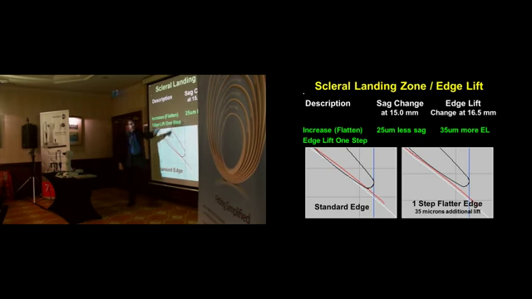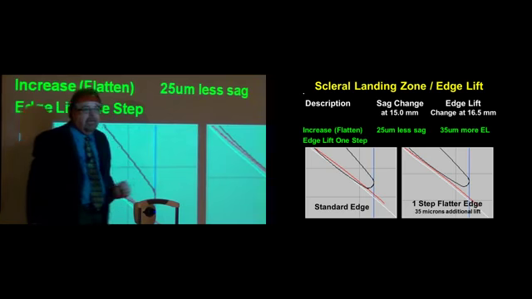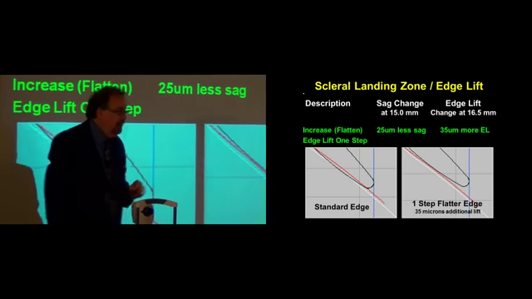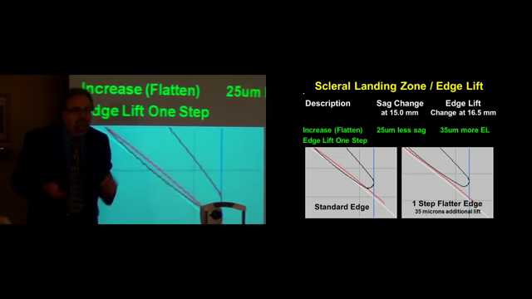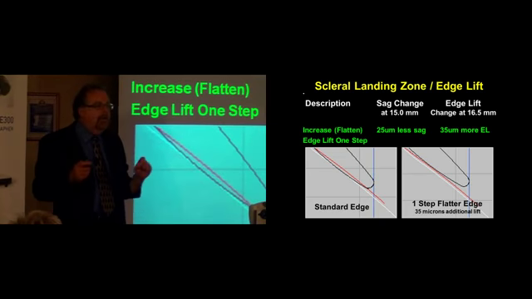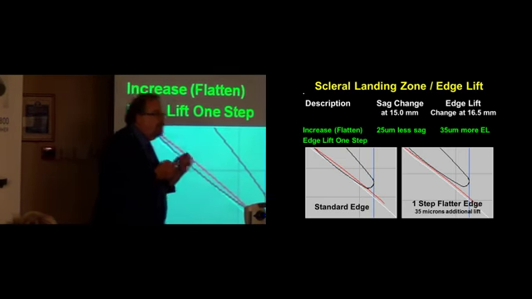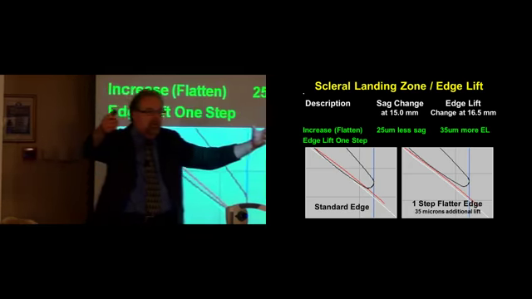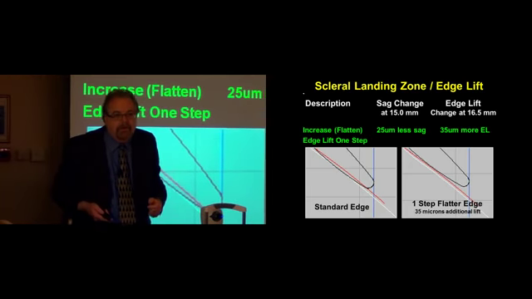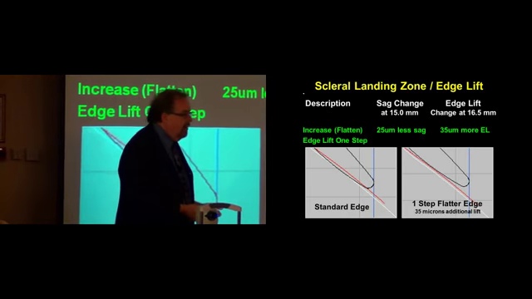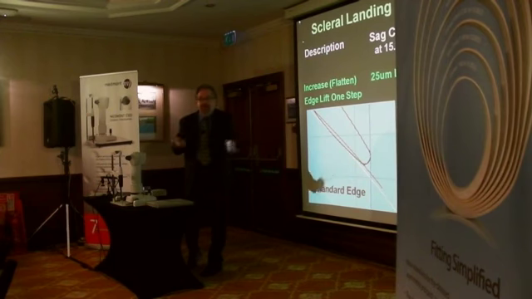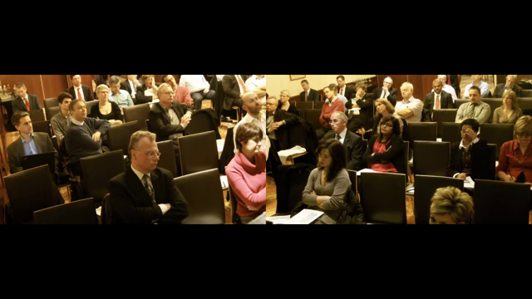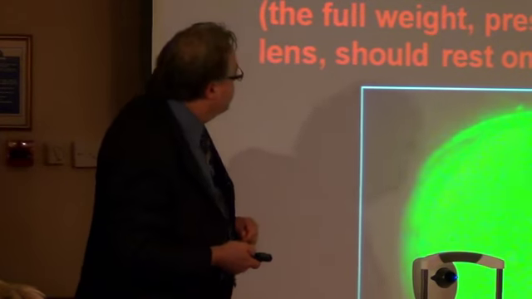It's going to drop at 25 microns. So it's a fairly easy number to anticipate. It's a very small amount of sag difference when you're talking about a lens that's clearing the cornea by 300 to 400 microns. If you lose 25 microns, surely not the end of the world, is it? So that is how you're going to think about that periphery.